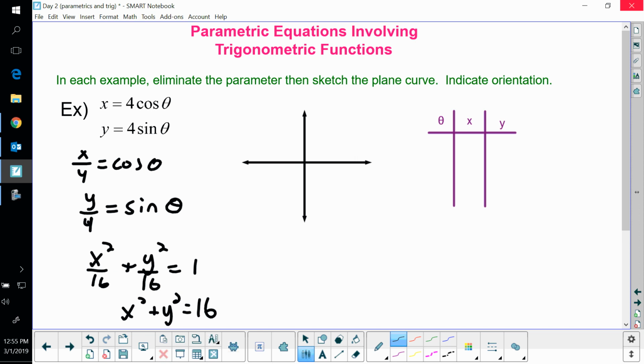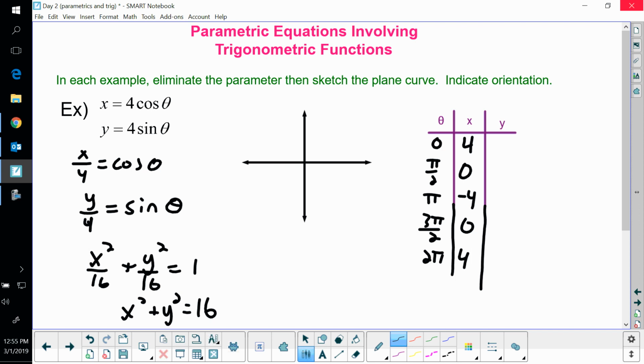But when we go to look at our thetas, so our x's are the coses now. So we have 4, 0, negative 4, 0, back to 4. And our y's are the sines.